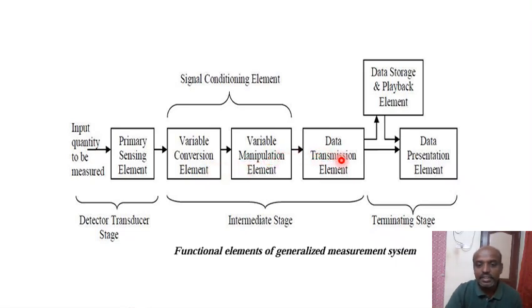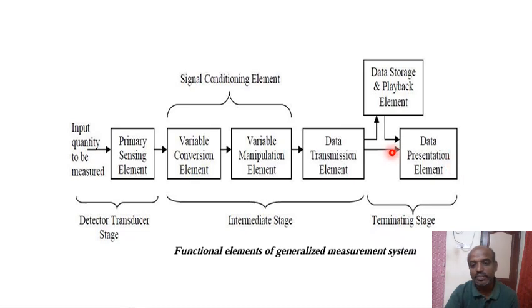The next stage is the data transmission element. The data transmission element just transmits the signal from one end to the other end. In the data storage and playback elements, all the data will be stored and given to the data presentation element. The data presentation element is connected to the real world.